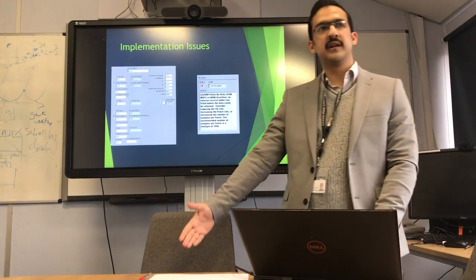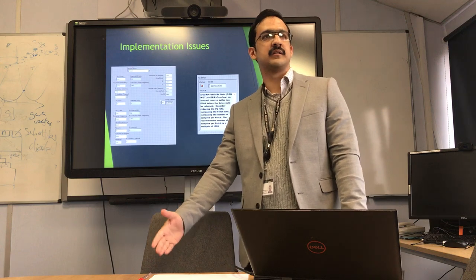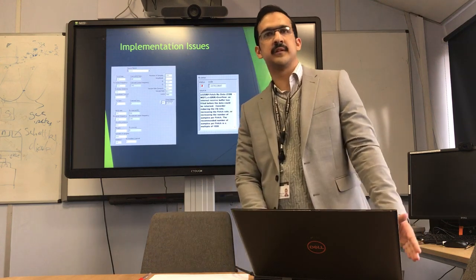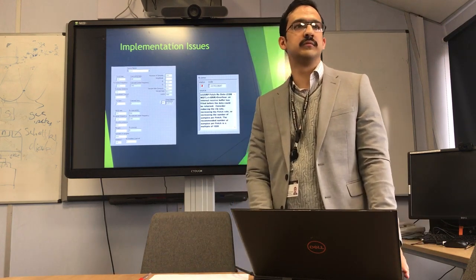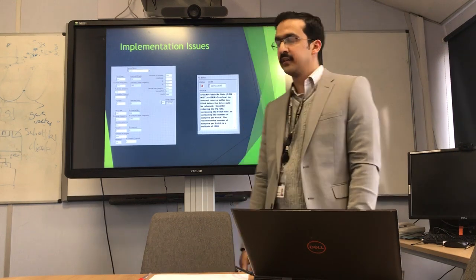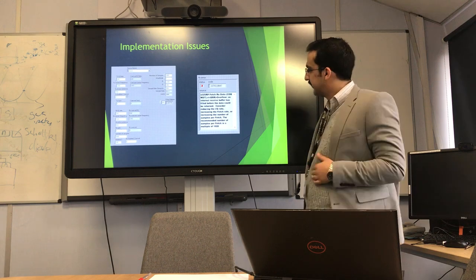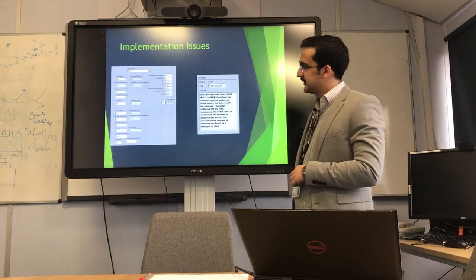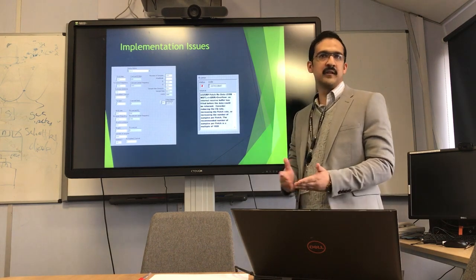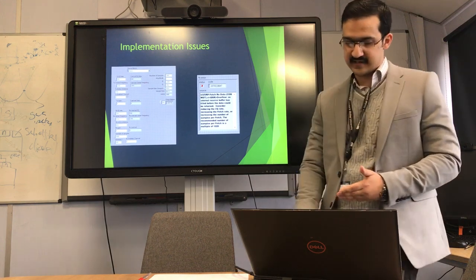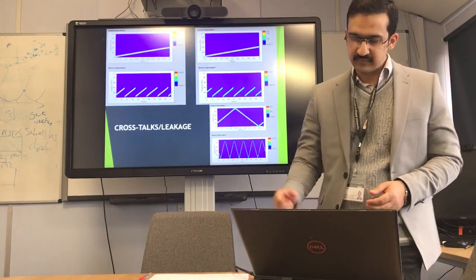So if you have a very good device, a very fast USRP RIO, and your system is not good enough, you're not going to get good results. So you cannot change the parameters freely. You have to take all of those things into account while doing an experiment.